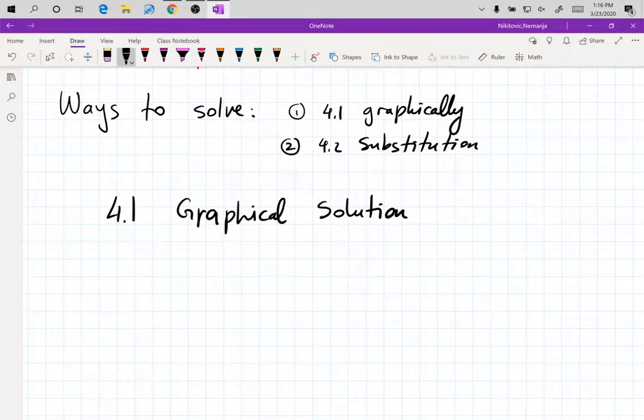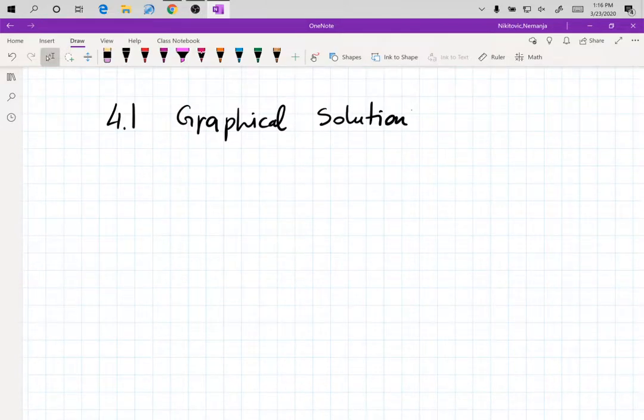So for the graphical solution, we will have to use the square grid in order for all of these equations to be properly displayed and the solution to be properly displayed so you can read it off of the graph.